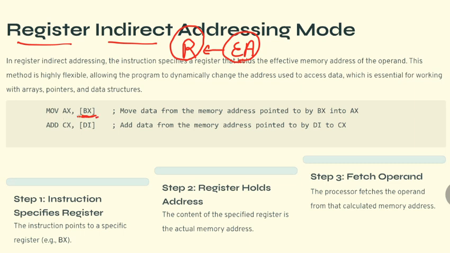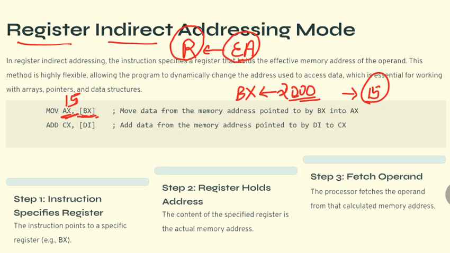So for move ax comma bx, suppose register bx holds the value 2000. It will first fetch that 2000, and whatever data is available at this address 2000, let us say the data at that location is 15, it will transfer that 15 to the ax register.